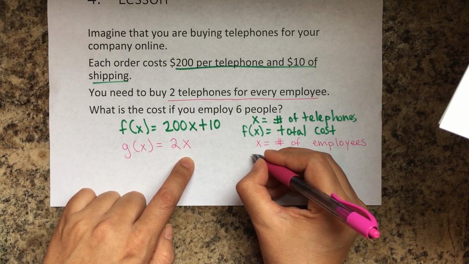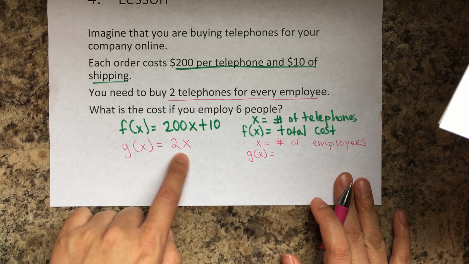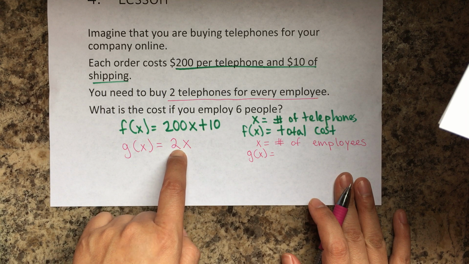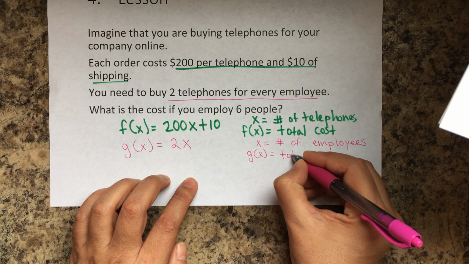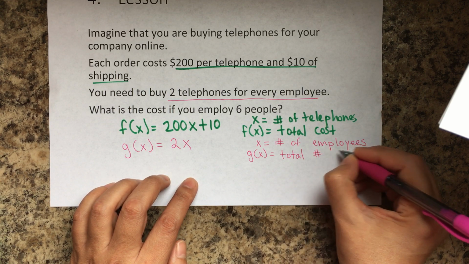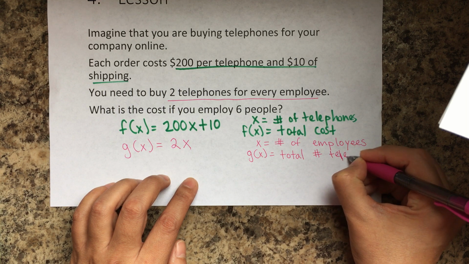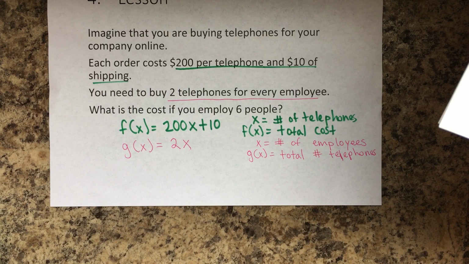And g of x represents 2 telephones per employee, which means it's going to be the total number of telephones that you will buy.